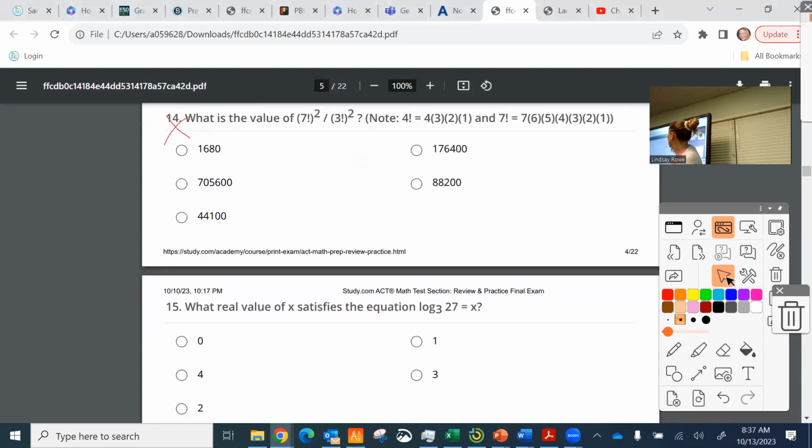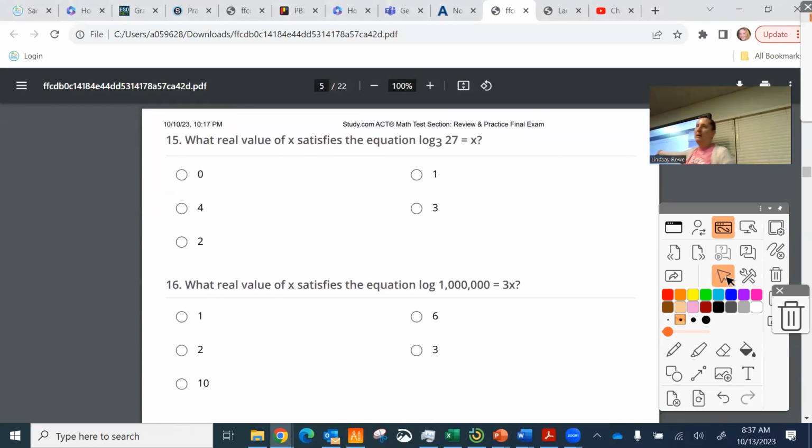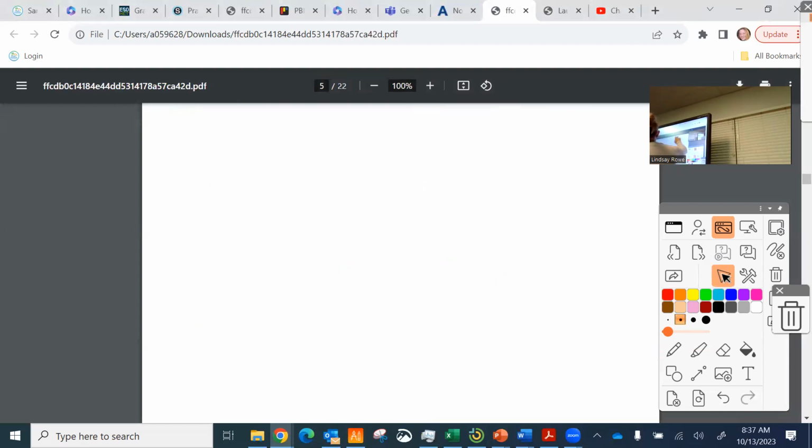Logarithms, okay? We will be learning about these. So for my juniors, you'll learn this by the end of the year, but for seniors, pick one and move on. It doesn't matter. You haven't learned about logarithms yet, okay? We will learn about them by the end of this year, so that's fun.